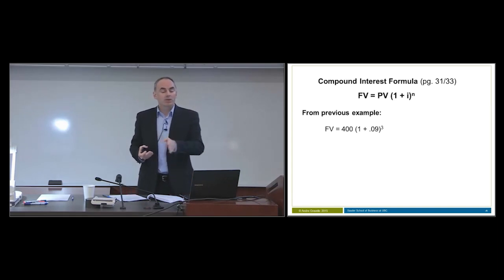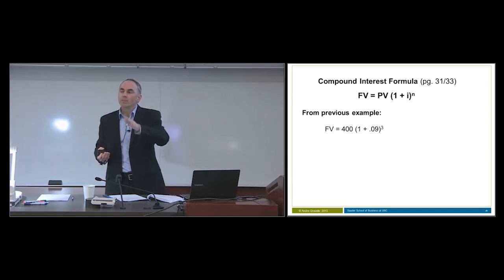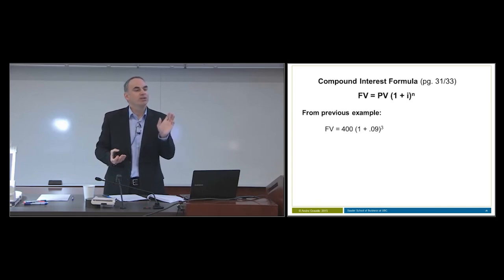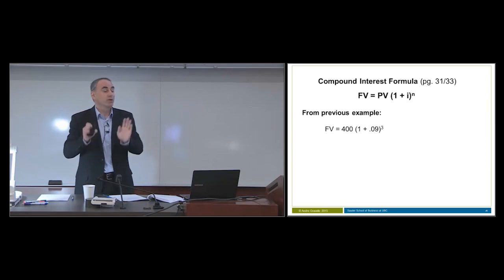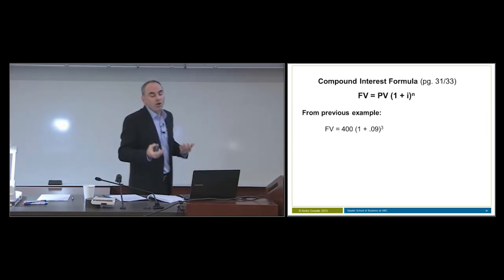When you write this equation like this, the norm is that when you have a number like 400 next to a bracket, that means multiply. We don't typically write the multiplication sign in there, but if you wanted to, you could put it in and you'd be fine. So let's solve this equation.